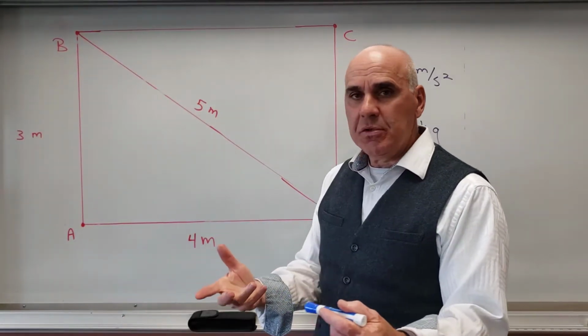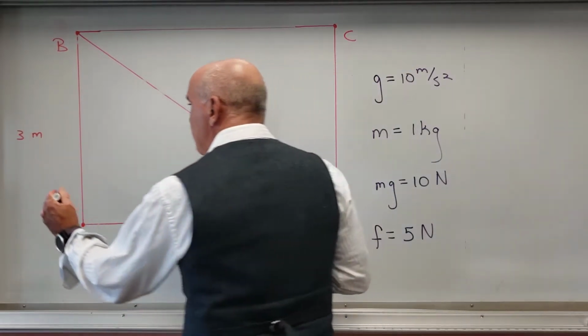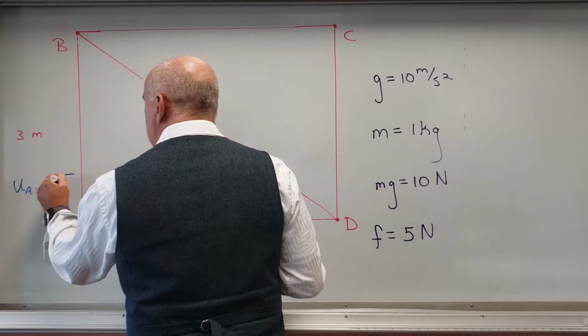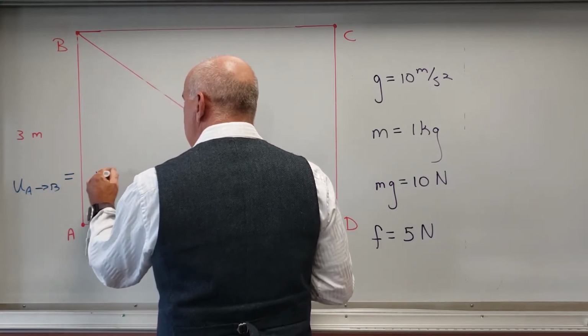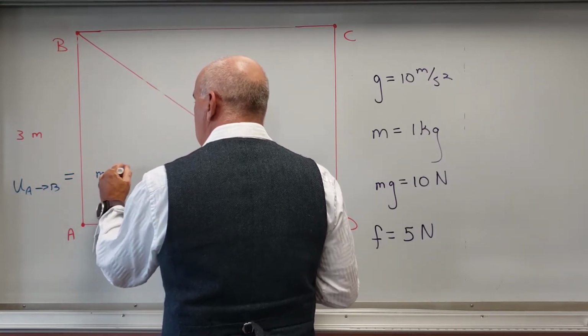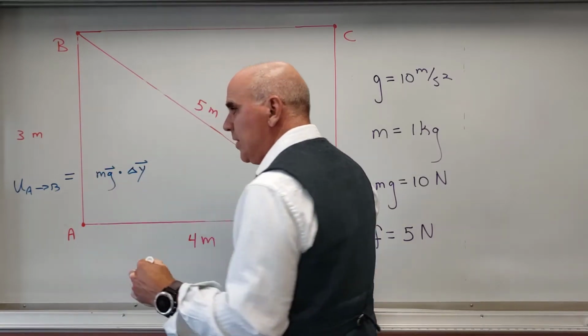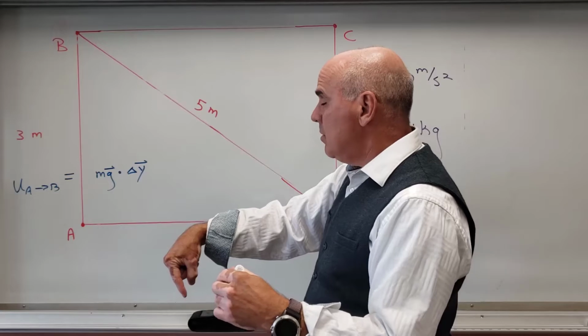So the work is equal to force times displacement, right? So I'm going to say U from A to B is equal to mg dotted with, in this case, delta y. Those are vector quantities. mg is down, right?